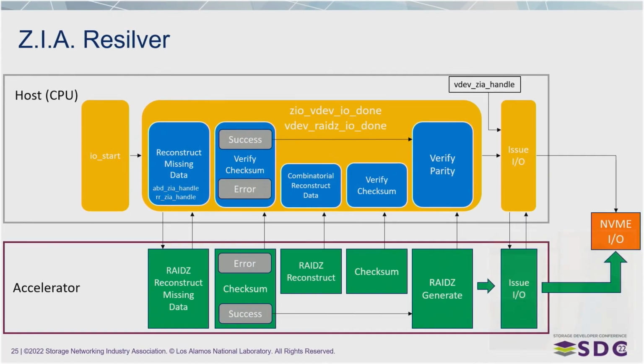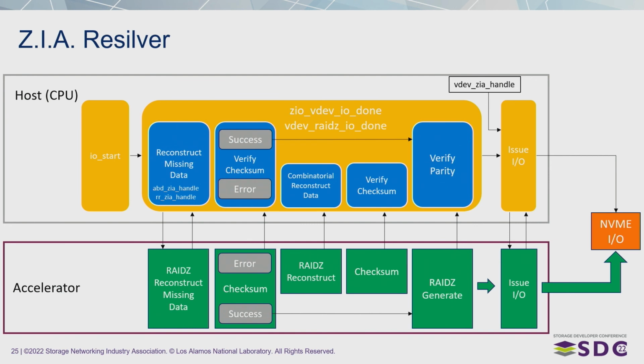I/O start is the stage where data is read in from the backing storage into memory in preparation for the actual resilvering. On the other side of this graph, we have the issue I/O stage, which is the same issue I/O stage as the one found in the ZFS Write Pipeline. So we simply reuse that code. The core of Resilvering can be found inside the I/O done stage, where missing data is reconstructed, checksums are verified, and parity columns are verified.